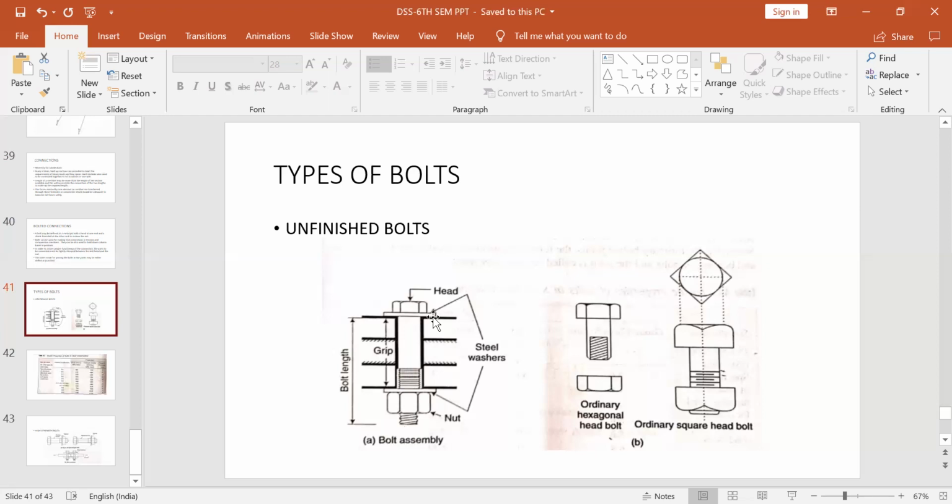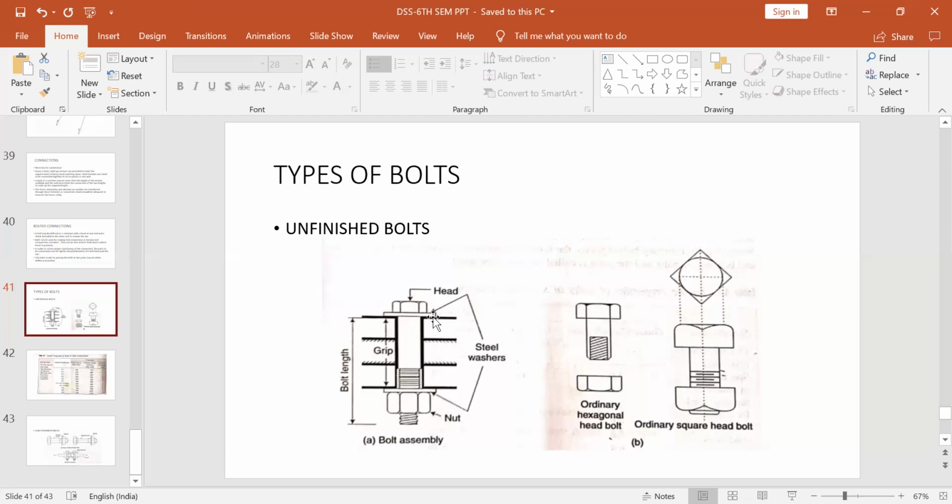Now bolts may be oversized and cross-slotted. There is a table in IS 800. It is 4.6.